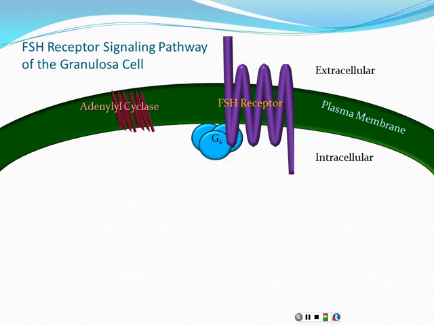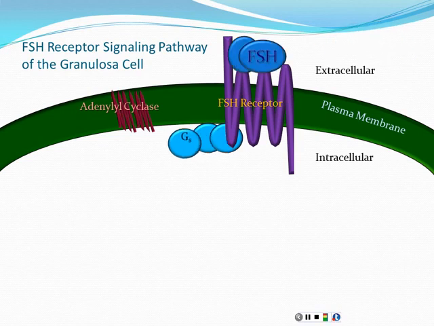And so FSH will bind to this receptor, causing a chain of sequences to occur. And you don't have to know most of what I'm going to say here, but just know that these proteins are used for communication as receptors in this case. So here's FSH. It binds to the FSH receptor.